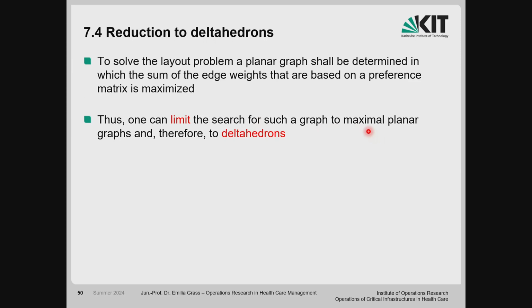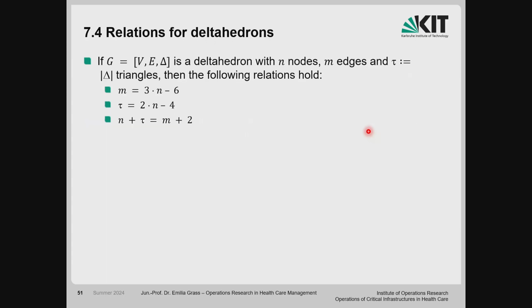If we can do that, then we can also solve it, because we have the following relations for delta hedrons. If we have a graph consisting of nodes, edges, and triangles, with n nodes and m edges, then the number of edges m is 3 times the nodes minus 6.